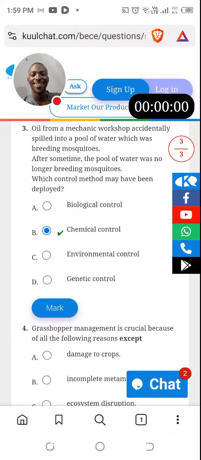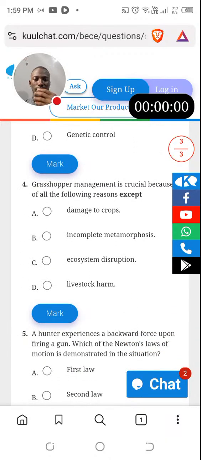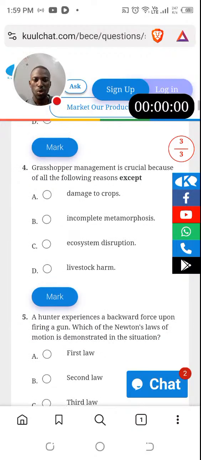Now we have our next question. Grasshopper management is crucial because of all the following reasons, except grasshopper management. Why is it important to manage grasshopper?